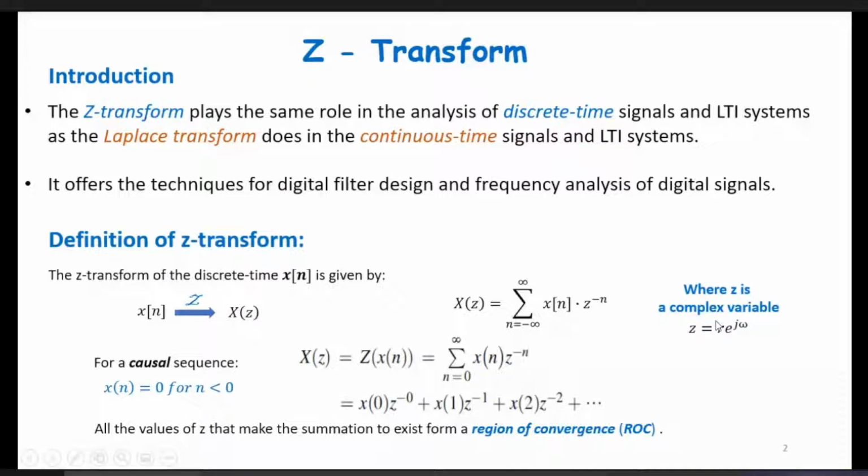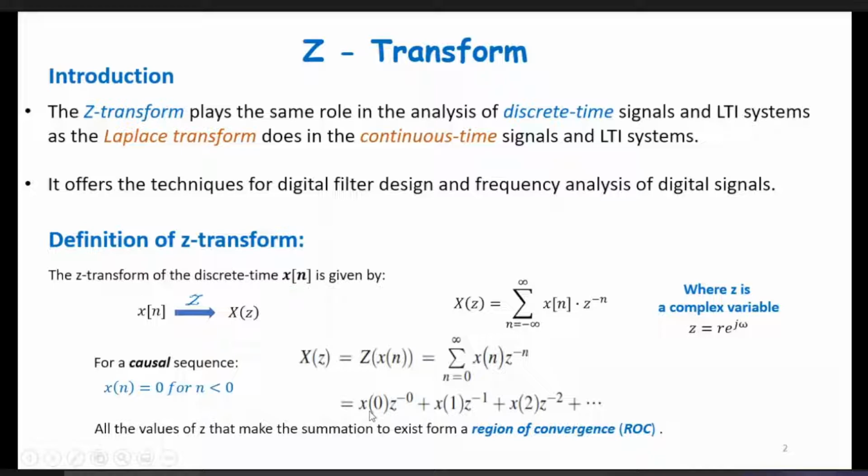This is the basic formula. The most important parameter for the Z transform is the region of convergence. What is the region of convergence? Suppose you get the expression in terms of z, X(z).